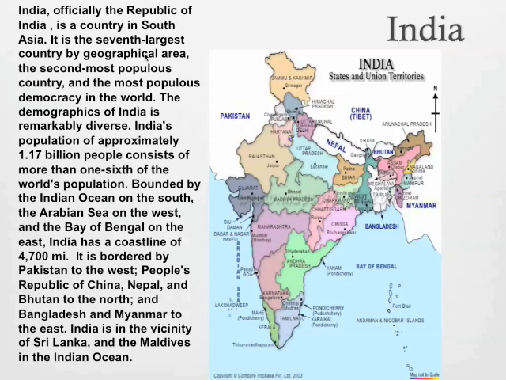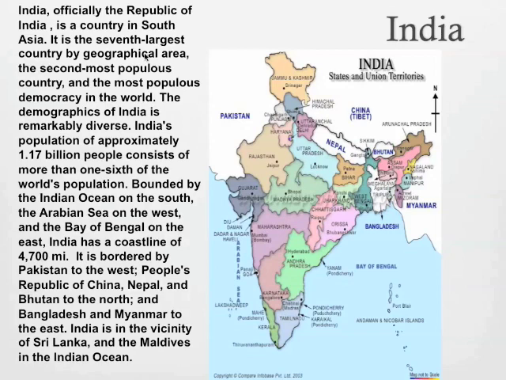India's population of approximately 1.17 billion people consists of more than 1/6 of the world's population. Bounded by the Indian Ocean on the south, the Arabian Sea on the west, and the Bay of Bengal on the east, India has a coastline of 4,700 miles.